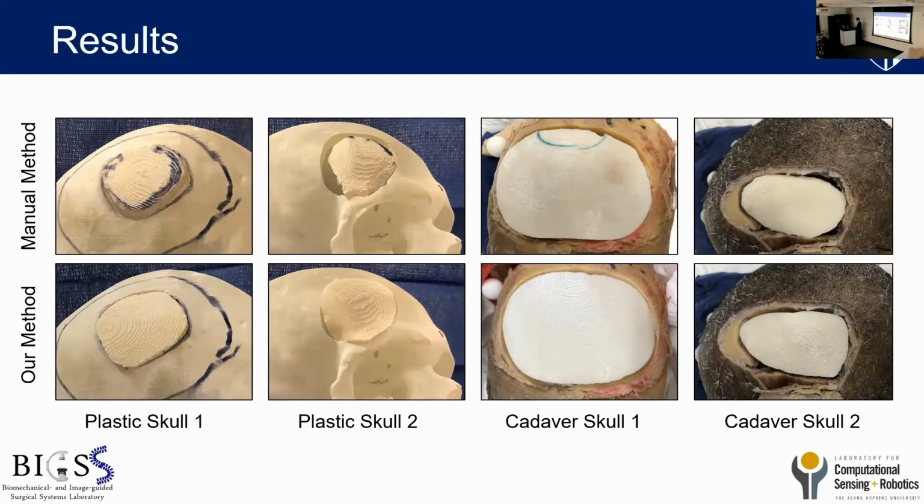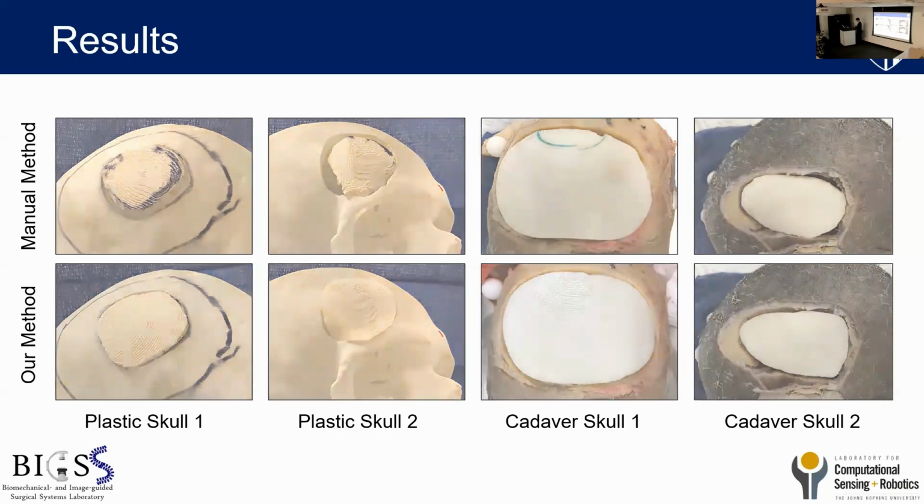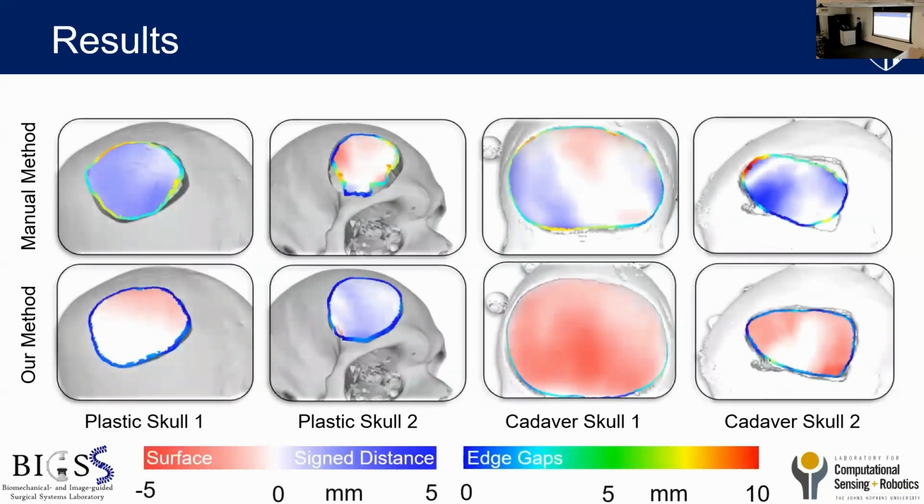As you may notice here, in this case, there are large bone gaps. This is because this area has much more complex skull geometry right above the eye orbit, whereas in other cases, it's more like a planar geometry. And to better visualize the result, I use the same method to evaluate the gaps between the skull and the resized implant.